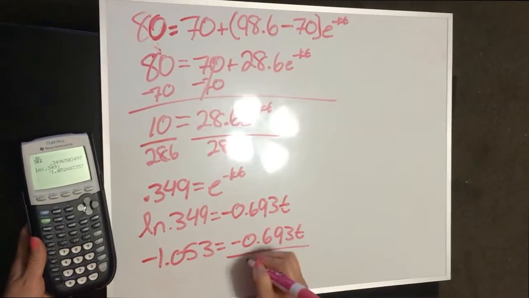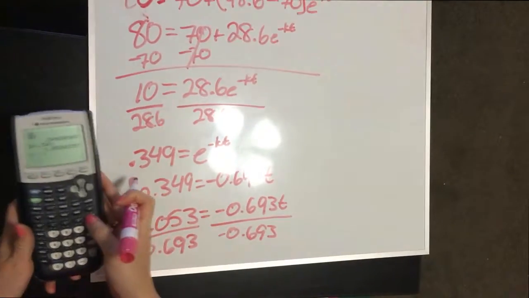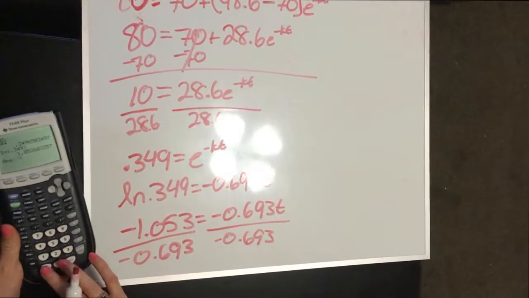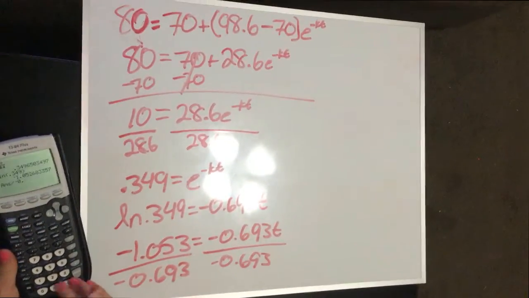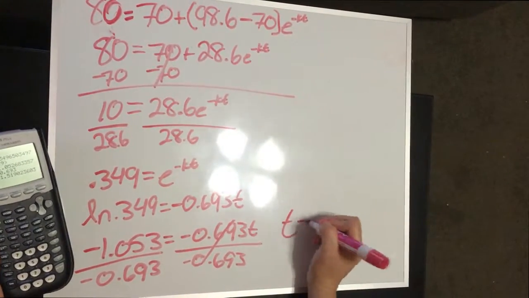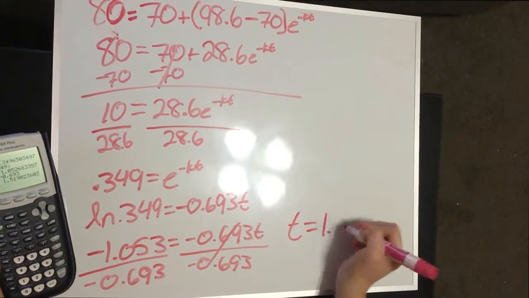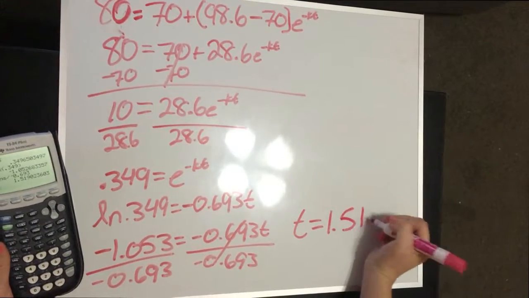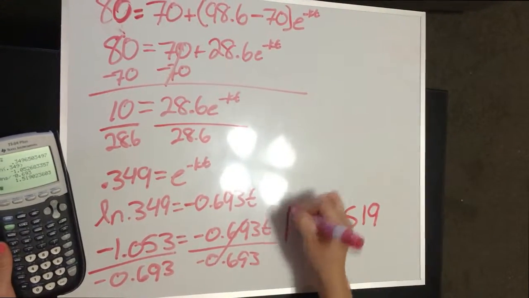Like I said before, we're going to divide this by negative 0.693, leaving us with t equals 1.519.